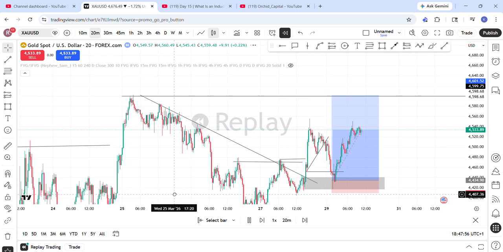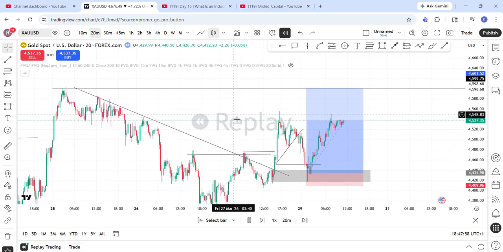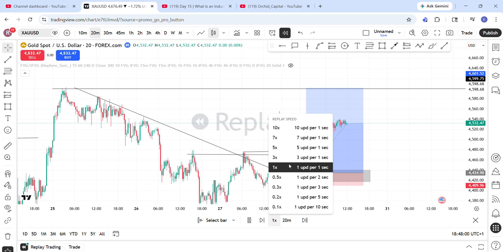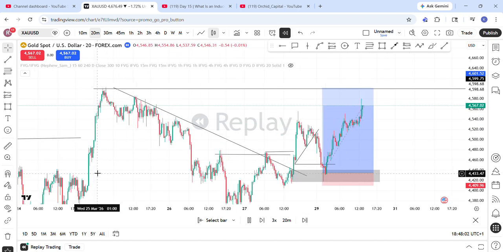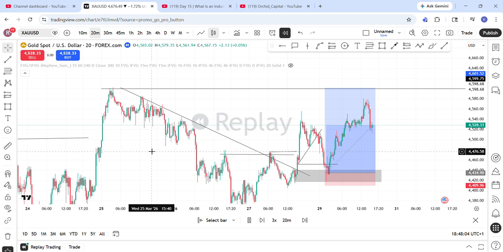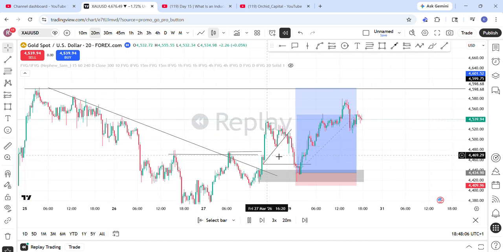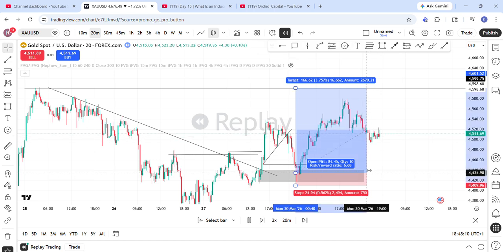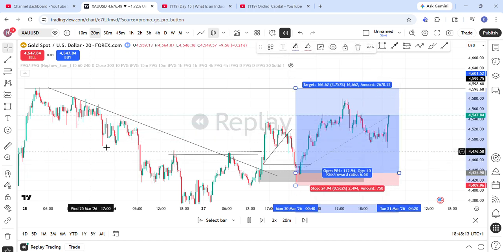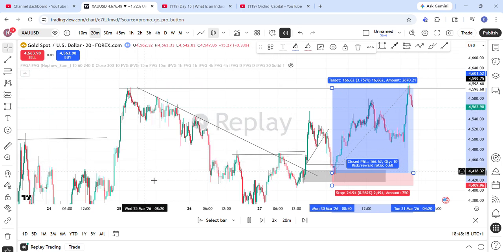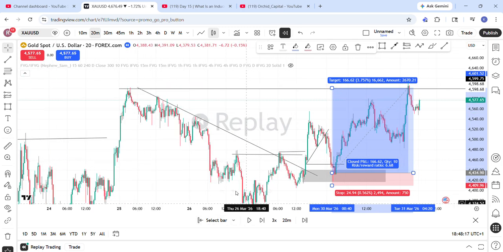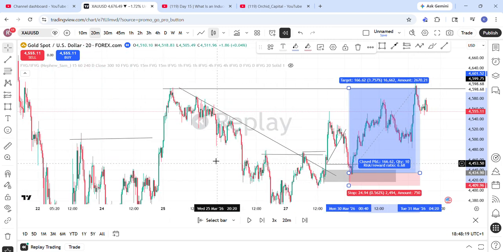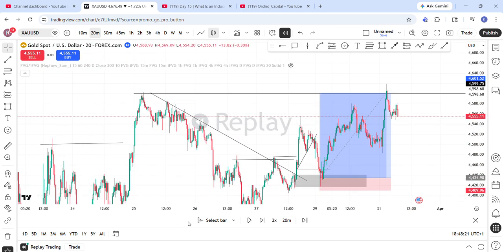And we smashed TP on this though. Yeah, that's the clean 1:6 trade. So that's how I called the trade on XAUSD.